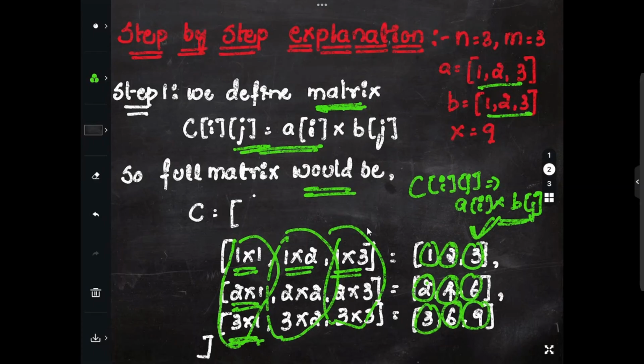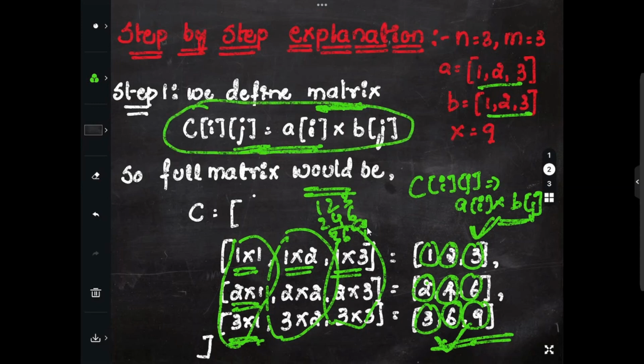The matrix consists of 1 2 3, 2 4 6, and 3 6 9. We have successfully constructed the matrix C of ij equals A of i into B of j.